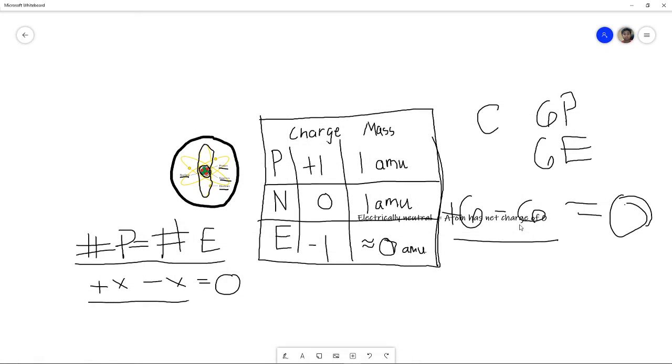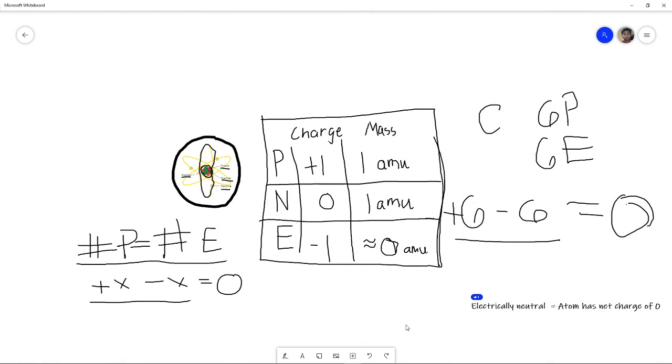Let me explain this. As you can see, it's electrically neutral, as we proved over here, because it has a net charge of 0. A net charge just means the summation of all the charges in an atom, or in anything.